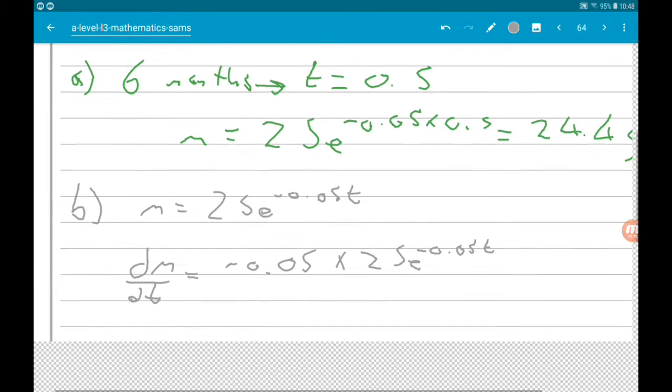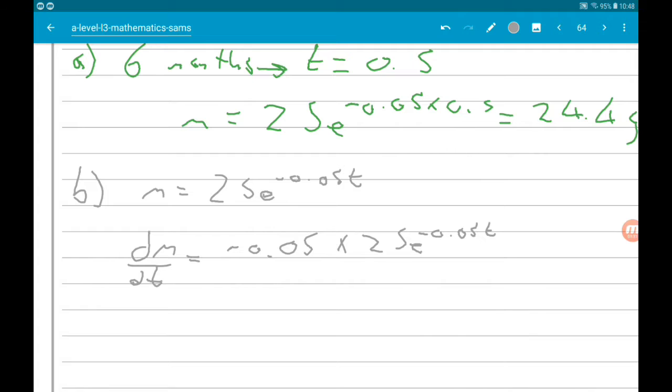Which is just minus 0.05 m. Which means k is equal to minus 0.05.